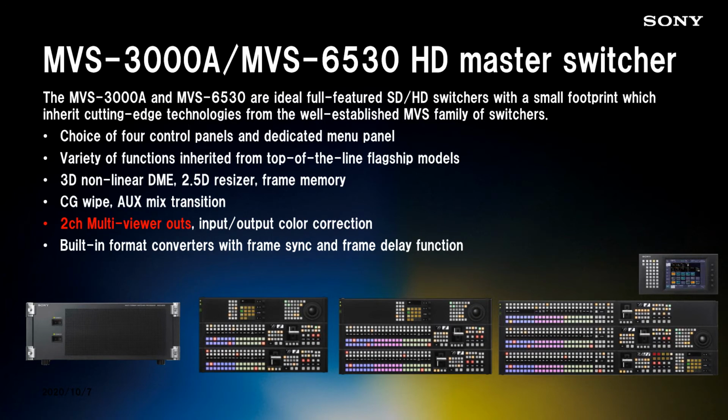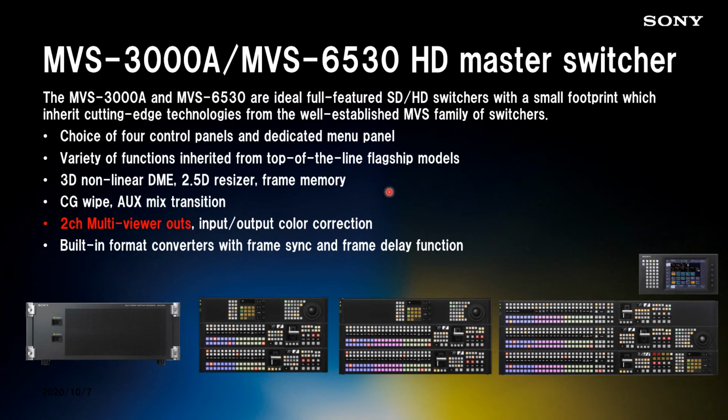Here, let me recap our HD Master Switcher series, MVS 3000A and MVS 6530 model. These two MVS models share the same operation panels and even the mainframe. Some unique functions can also be found in this series, such as 2.5D resistor, CG wipe, frame memory, and multi-view output.